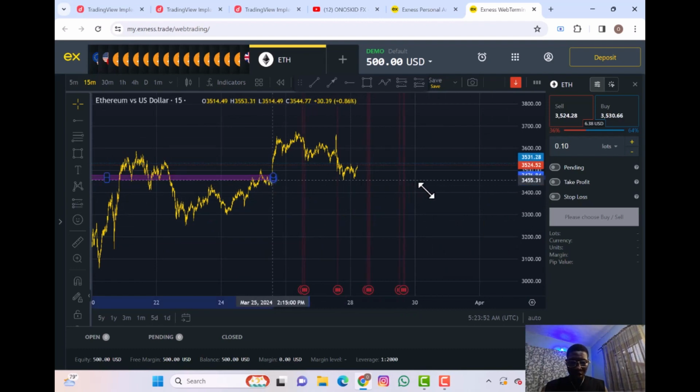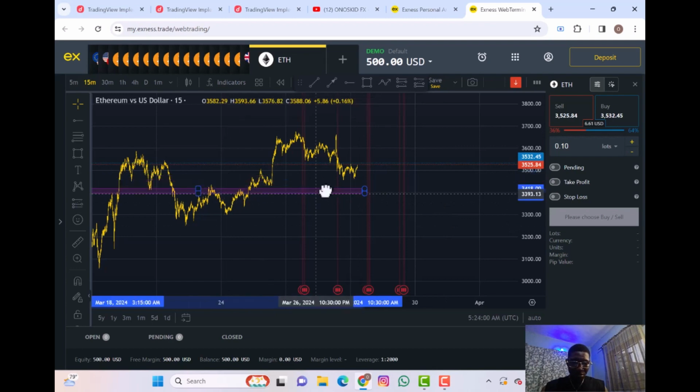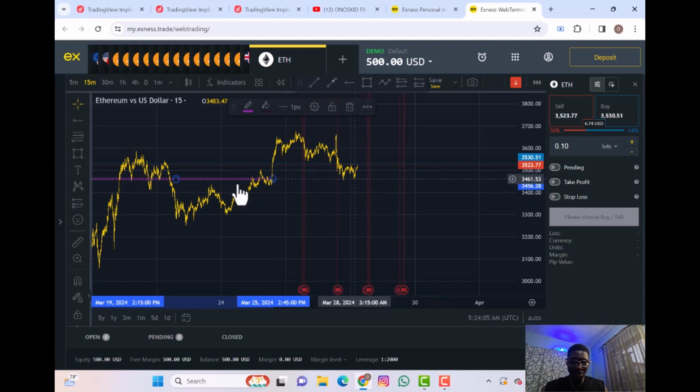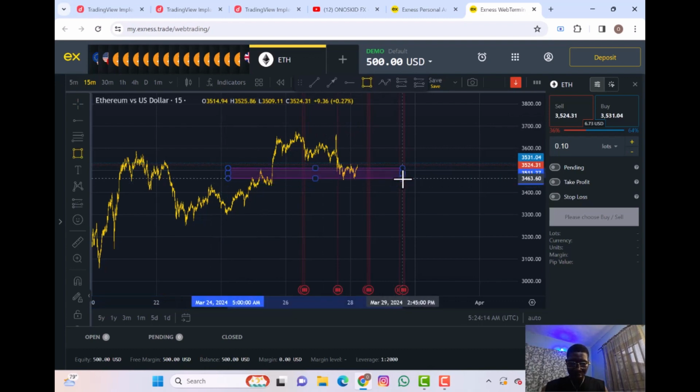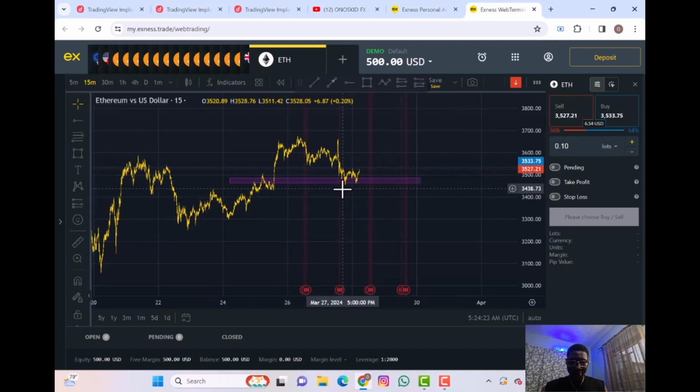So I can actually make my entry from this particular region here, and then my stop loss is just going to be below here.